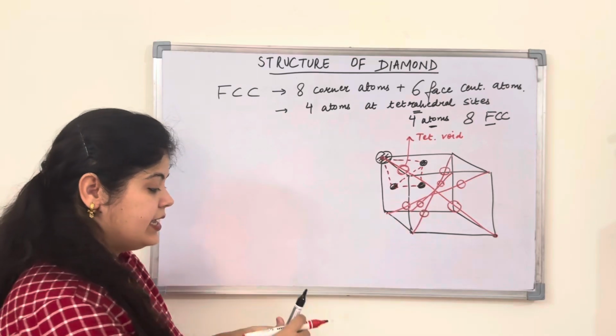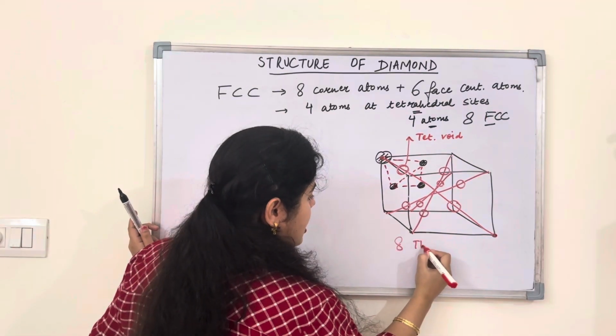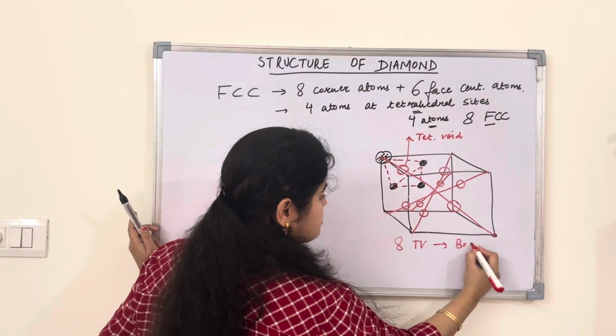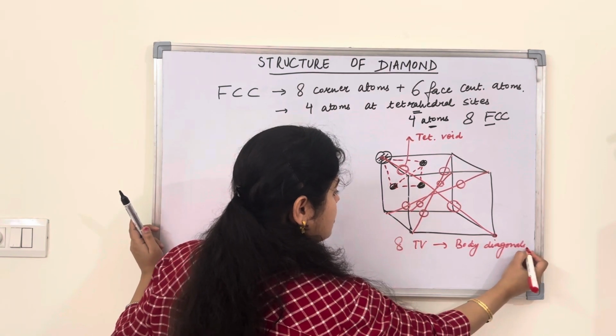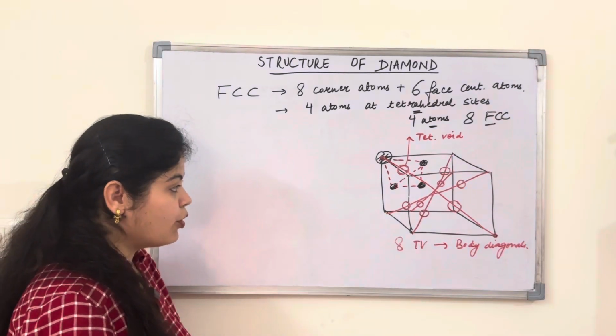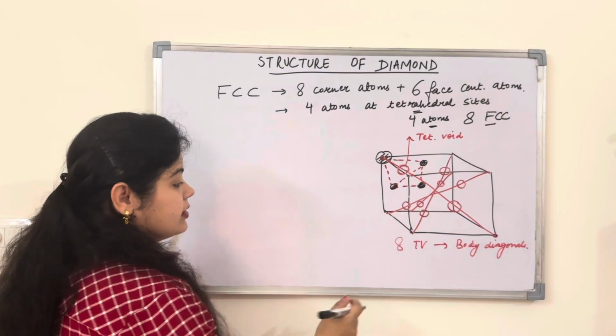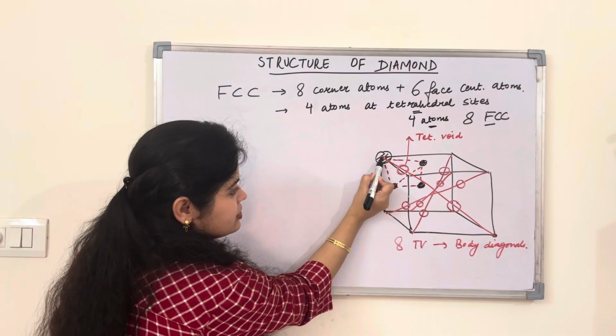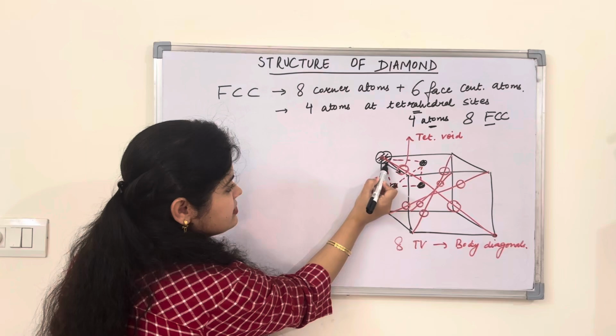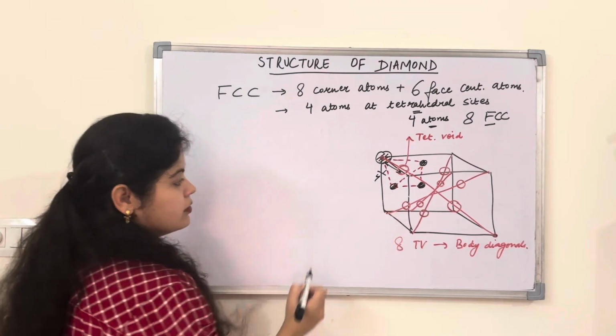Now these 8 tetrahedral voids are located on body diagonals. Another important thing is that the distance of this tetrahedral void from this corner is always 1/4.